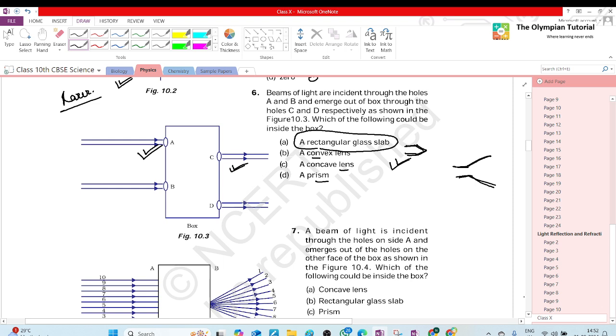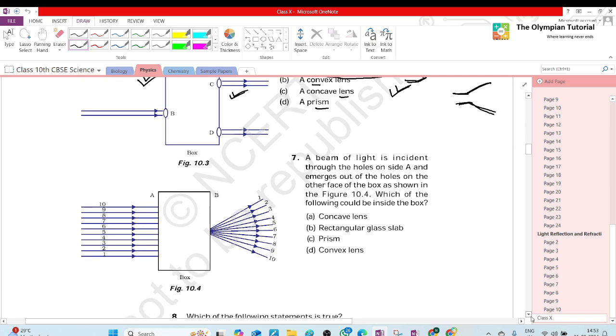Ma'am, so the reason for the sixth one is that the emergent ray is parallel to the incident ray, and it is only possible in case of a rectangular glass slab. Yes, ma'am. A beam of light is incident through the holes on side A and emerges out of the holes on the other face of the box. Which of the following could be inside the box?